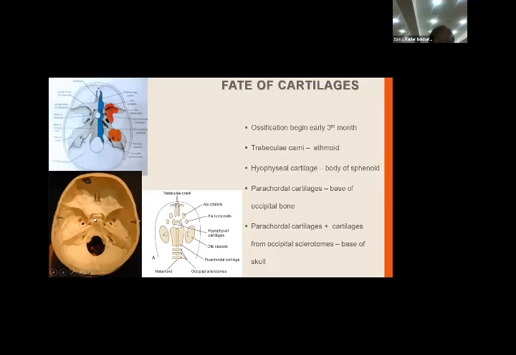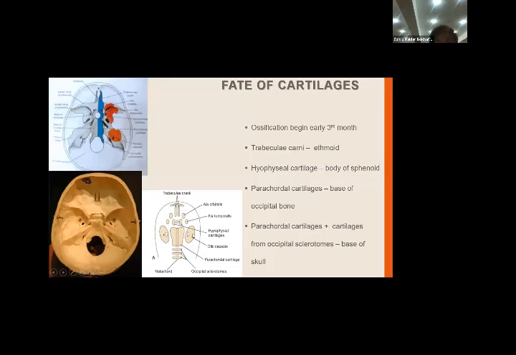Since it lodges the hypophysis cerebri, this is hence called the hypophyseal cartilage, because this develops into the pituitary fossa, body of sphenoid. Body of sphenoid में pituitary fossa पड़ा हुआ है.